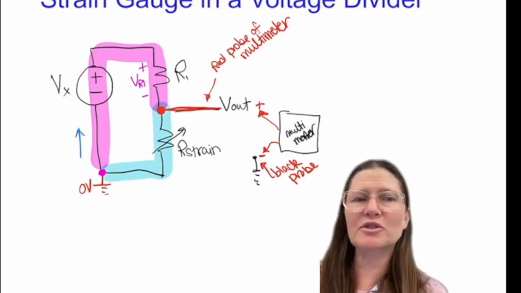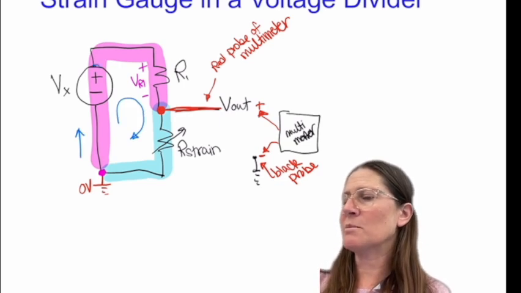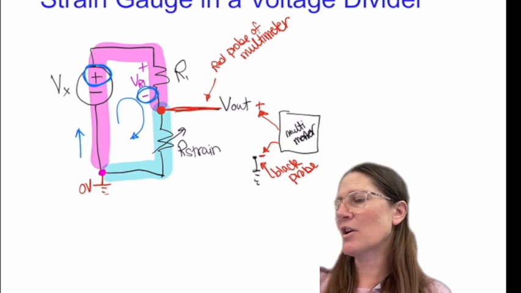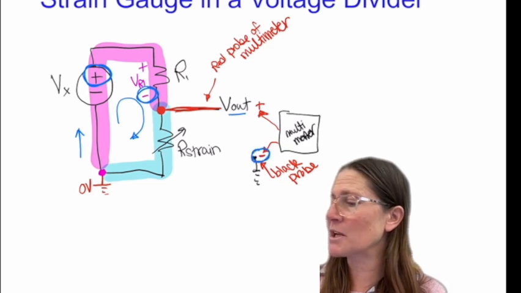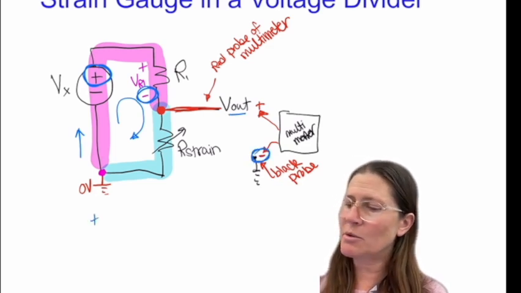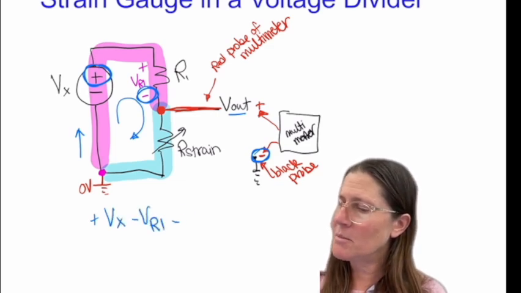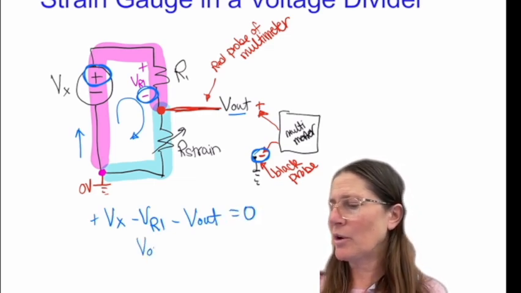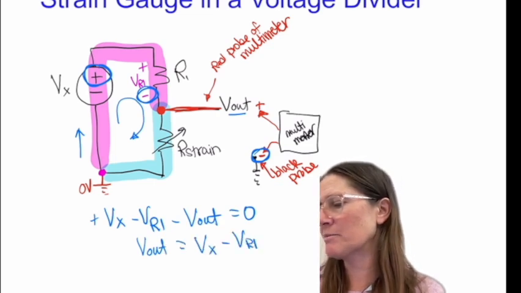If I go in this direction and around this way, it's going to be plus Vx minus VR1, and then across V out would be a minus. So my loop would be plus Vx minus VR1 minus V out equals 0. So in this case, for V out, I would need to know Vx and VR1.